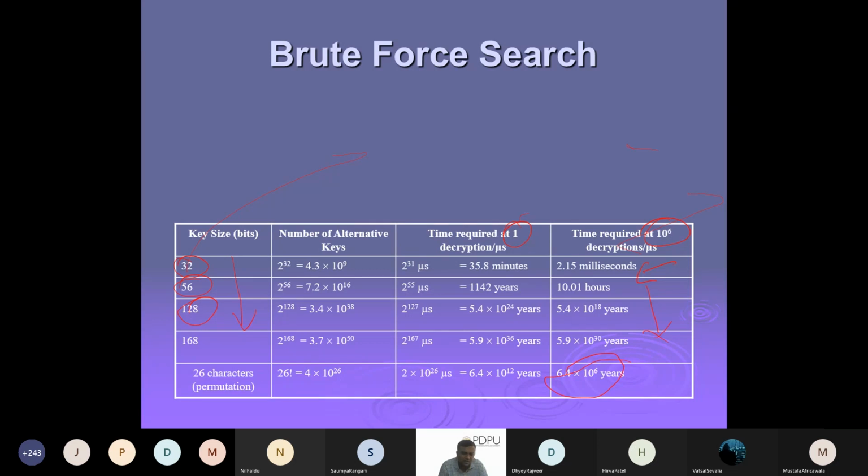But what is the disadvantage if I increase the key size? Anyone tell me? The advantage is fair enough: if I increase the bit size, my security will be more. But what is the disadvantage of increasing the key size? Message size would be more.